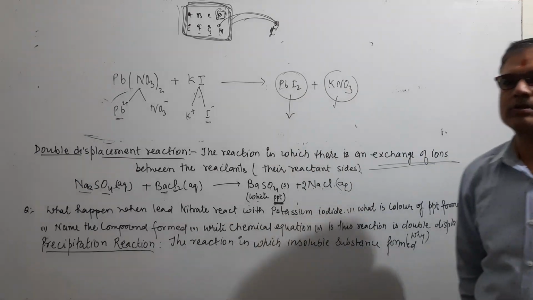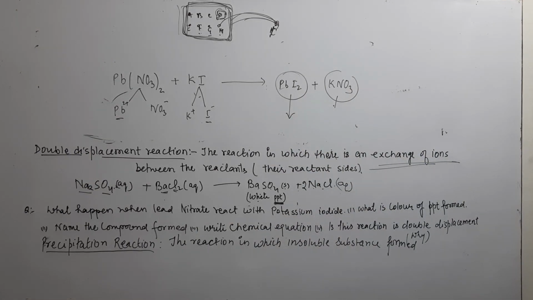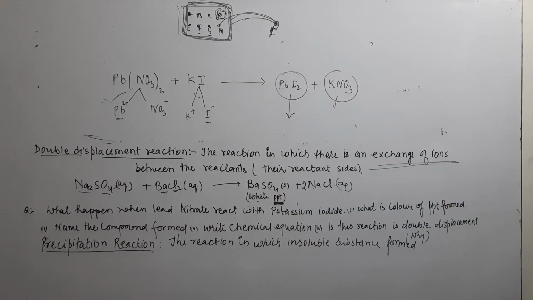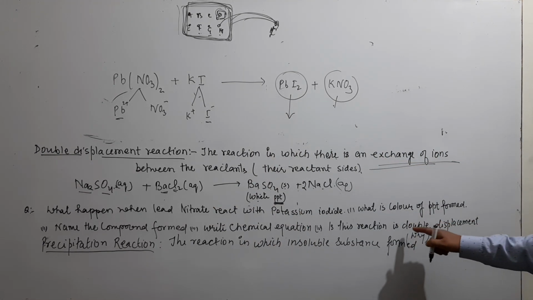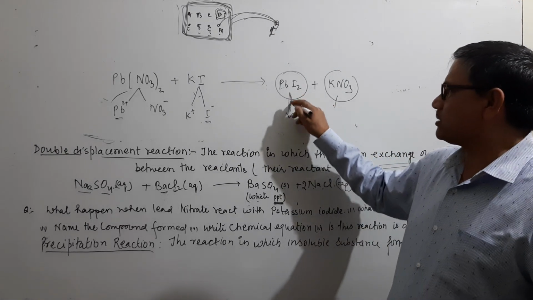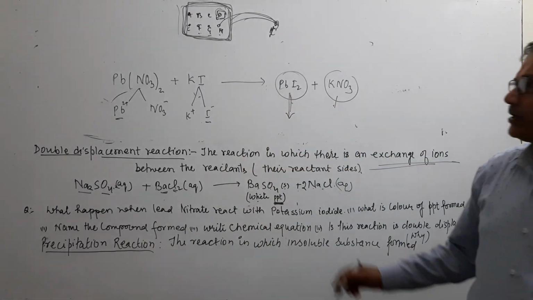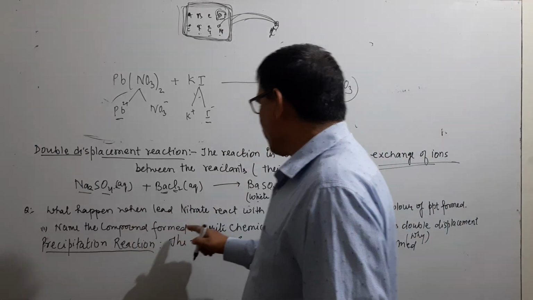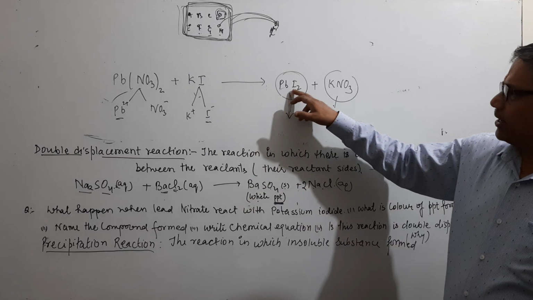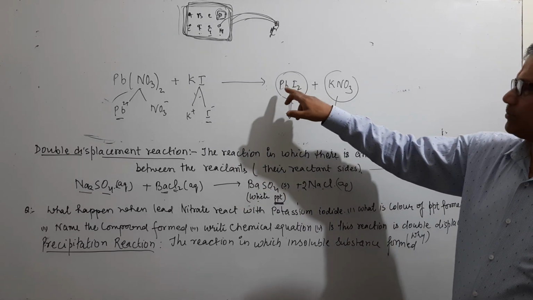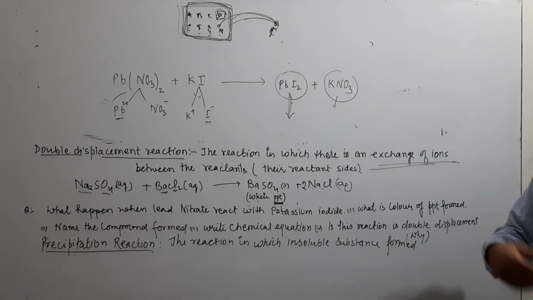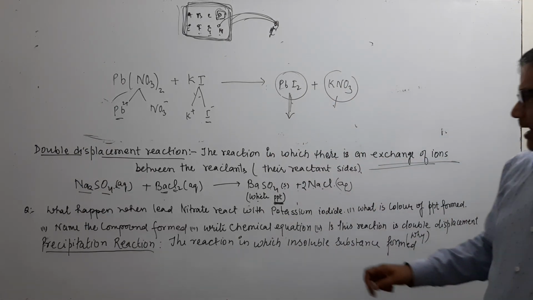PPT means insoluble substance, and here the PPT is PbI2. And you have to identify its color. Check your previous classes. Name the compound formed. What is the name of this compound? PbI2, lead iodide. And what is the name of the other compound? You identify yourself. And write the chemical equation.